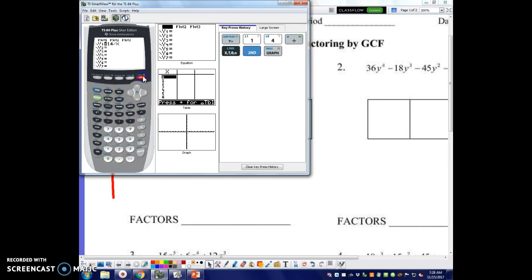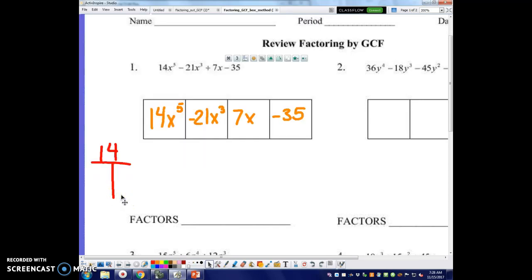Go to your table. And it lists the factors for you. 1 and 14, 2 and 7. And I believe that's it for 14, right? Yeah, so it lists it for you. So you can always go and look that up if you need to. But on your factoring sheet, we have 1 and 14, 2 and 7, right?